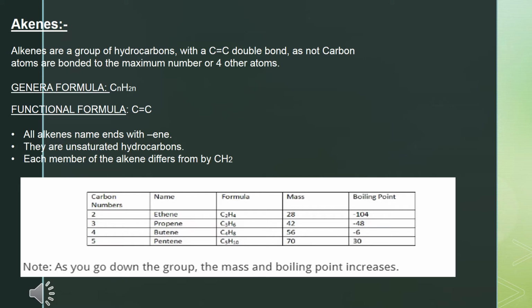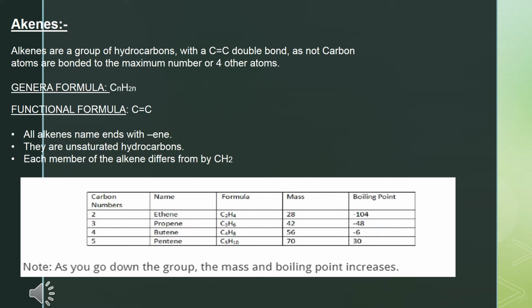In ethene there are 2 carbons, in propene 3 carbons, in butene 4 carbons, and in pentene 5 carbons, and each one differs by a CH2. It means that 2 hydrogens get added. For example, if we take C2H4, the carbon increases by 1 while the hydrogen increases by 2.